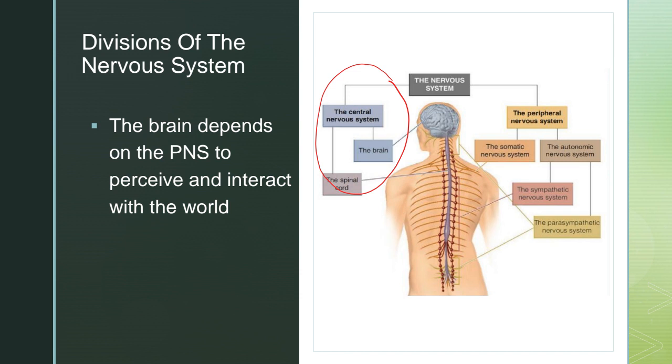So the brain sends commands down to the body, so the brain is dependent on the body to carry out these commands. So the role of the peripheral nervous system is to carry sensory information from the body to the spinal cord and then up to the brain, and then also to bring back to the body those commands for appropriate responses.